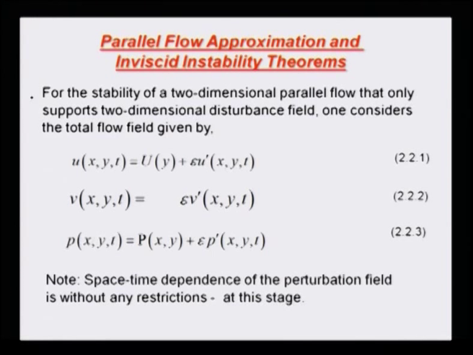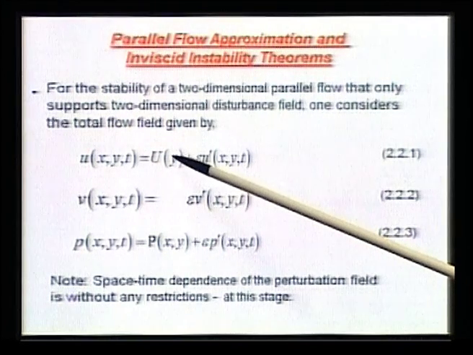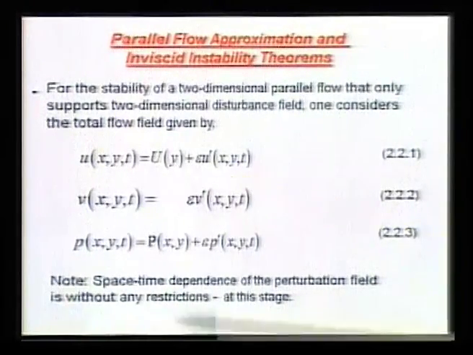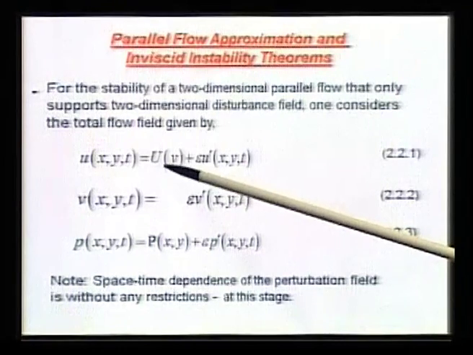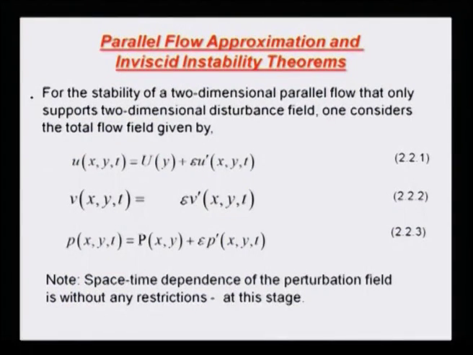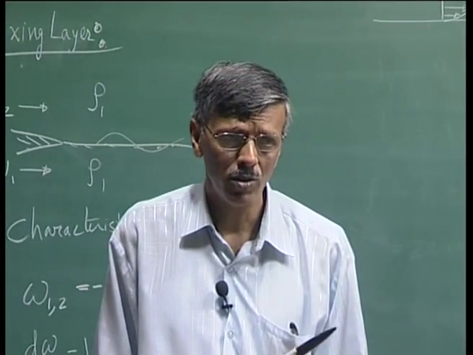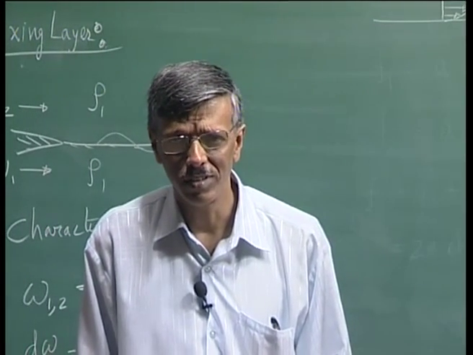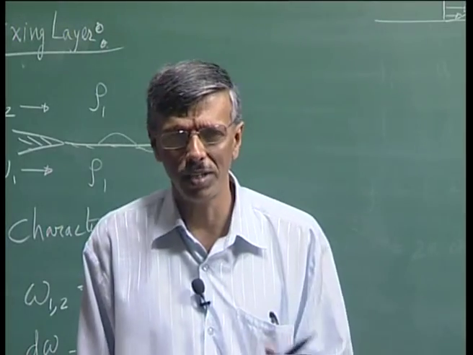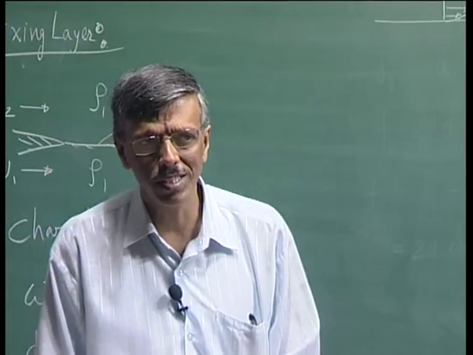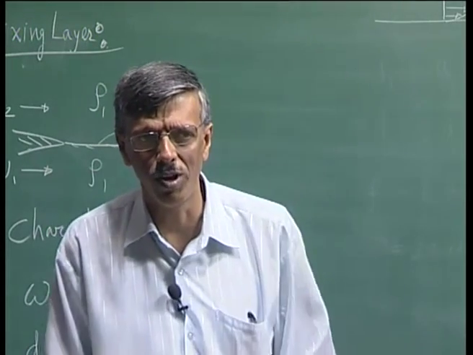For the ease of our analysis, please note that we have looked at a velocity profile which has only a single component, that is in the streamwise direction. So, u of y, that is what we have, and this also tells us that this does not vary with x. That means this mean flow or the equilibrium flow that we are talking about is only a function of the wall normal coordinate, but it does not vary as we go along.